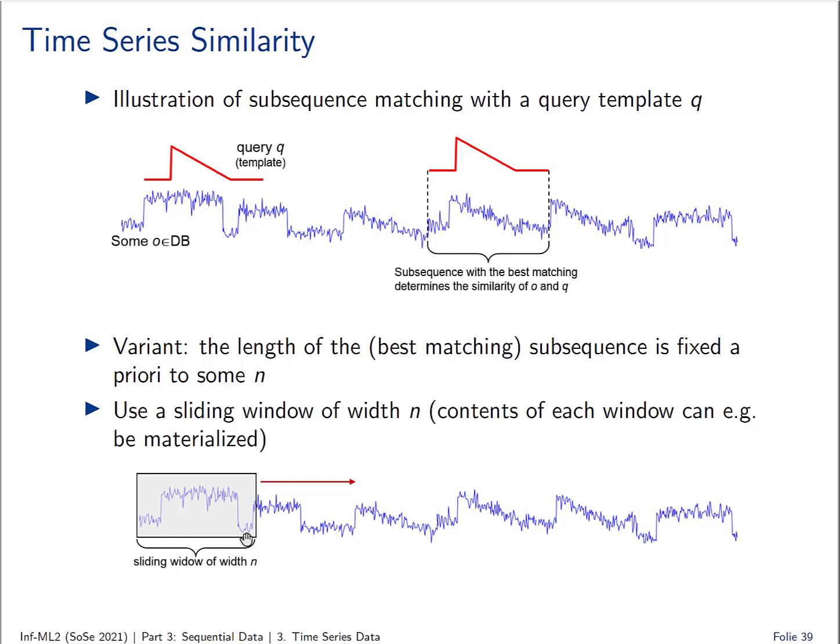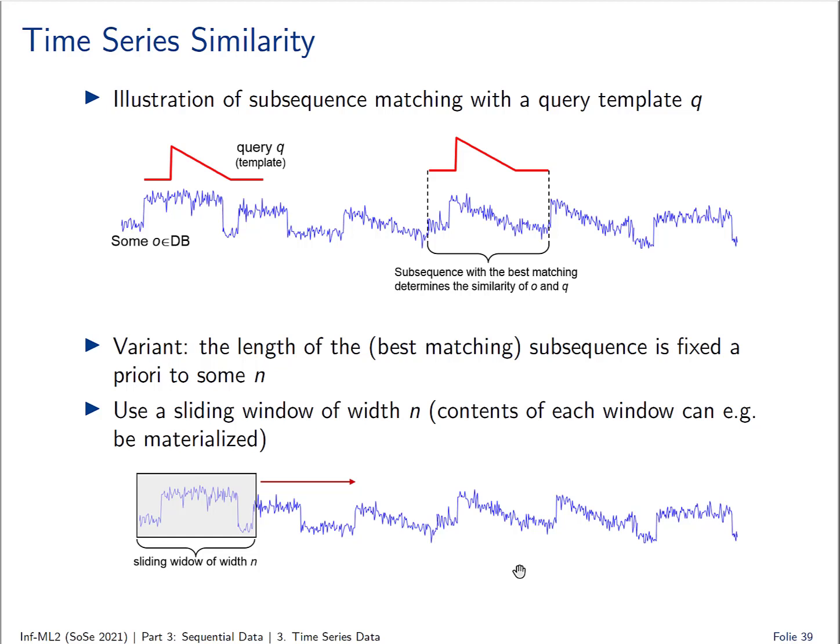That would of course blow up your database in terms of number of objects. But instead of having, I don't know, objects of length 200 in the database, maybe your window is 20, then you can decompose all those big length-200 time series into time series of length 20 with a sliding window, and you get a lot of smaller time series in that case.